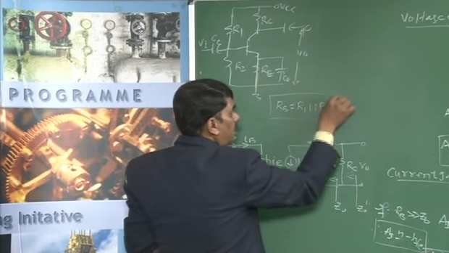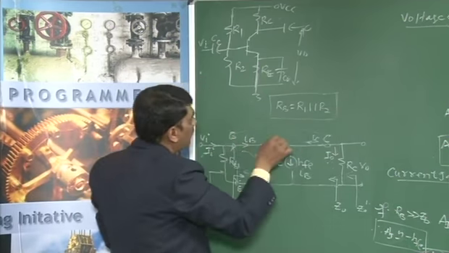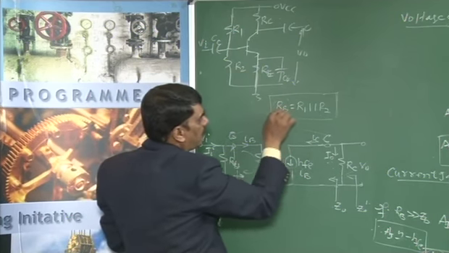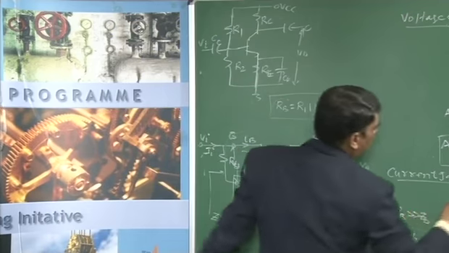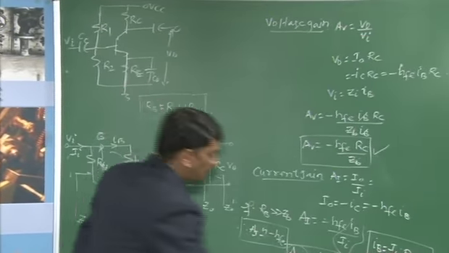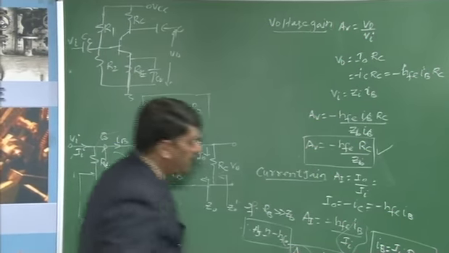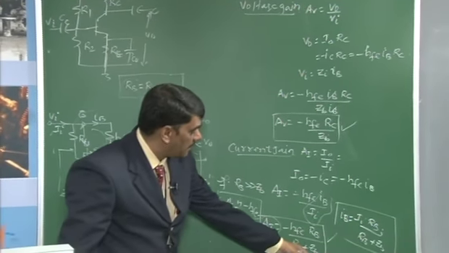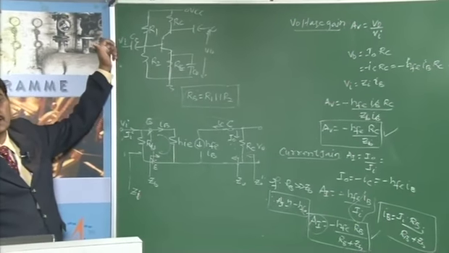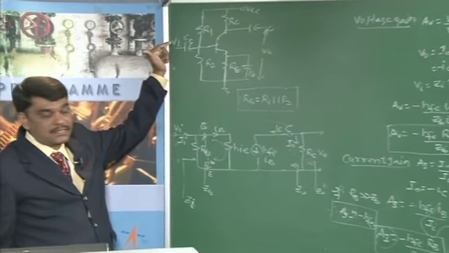Wherever R1 and R2 appear, you replace them with RB, and you get back the same results: AV is equal to minus hfe RC by ZB, and AI is equal to minus hfe RB by (RB plus ZB). There is no difference between the voltage divider biasing circuit and a fixed bias circuit.